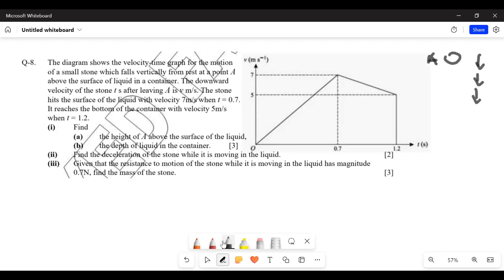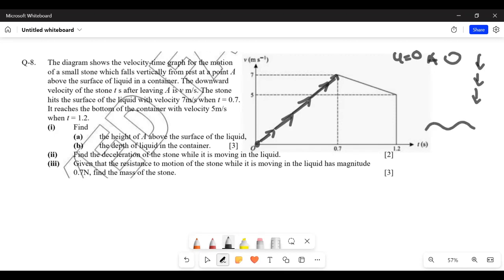Initially it is shown that the speed is 0, so u equals 0. And as it drops, of course, its speed will start to increase. We can see that it's increasing, increasing, increasing, and it goes till 7. And then it hits the surface of a liquid.